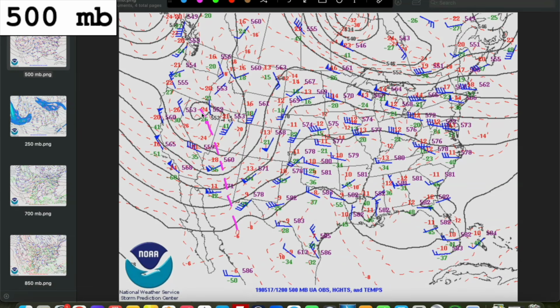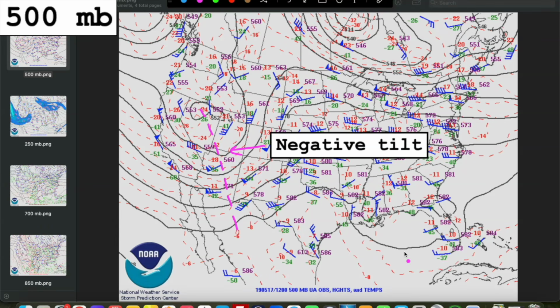So going back to our trough axis here, this dashed pink line through the center of the trough down through the base of the quote-unquote ski jump. When this axis is tilted back to the left, like it is here, this is called a negatively tilted trough. Negatively tilted troughs tend to produce a more intense low-level response, which means a more intense surface low or low-level cyclone development. We'll talk about the low levels and the surface in just a bit.